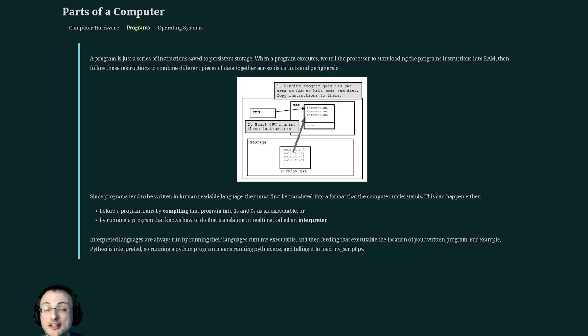This has a benefit in that it is a little bit more portable because it is one level up from working on the hardware. So the instructions that we can express are a little bit more complex. The drawback, however, is that translation does take some time. So interpreted languages do tend to be a little bit slower than compiled languages if you're doing the same instructions.